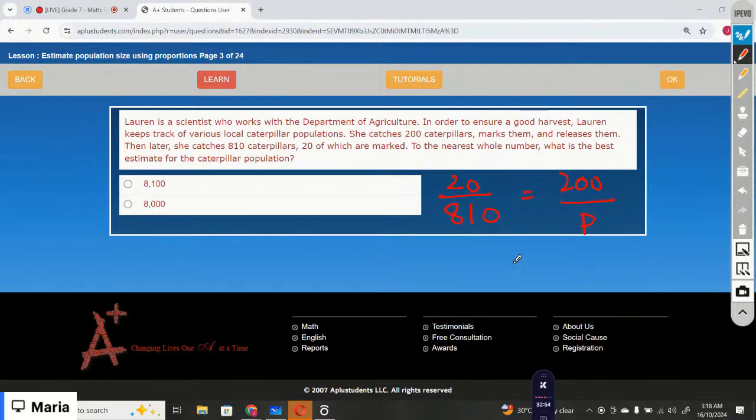So just solve it for the P, that is P equals 200 times 810 divided by 20.